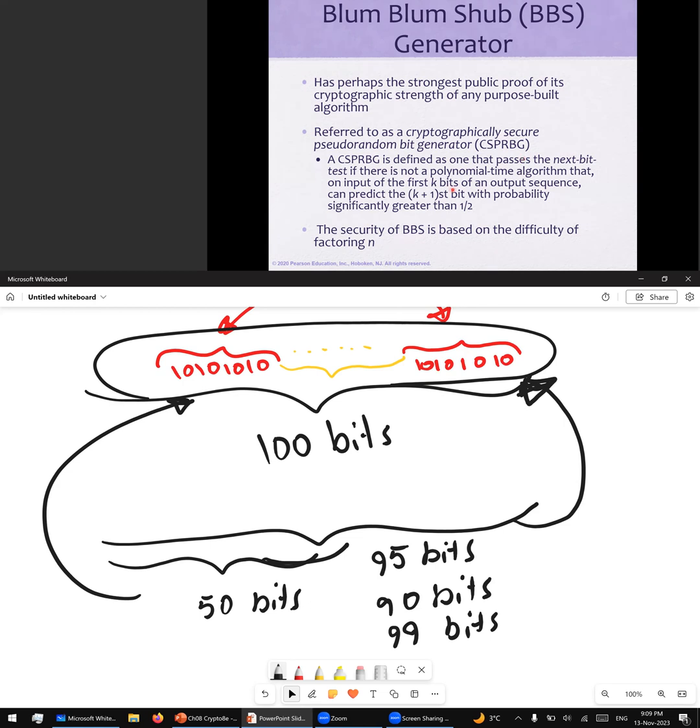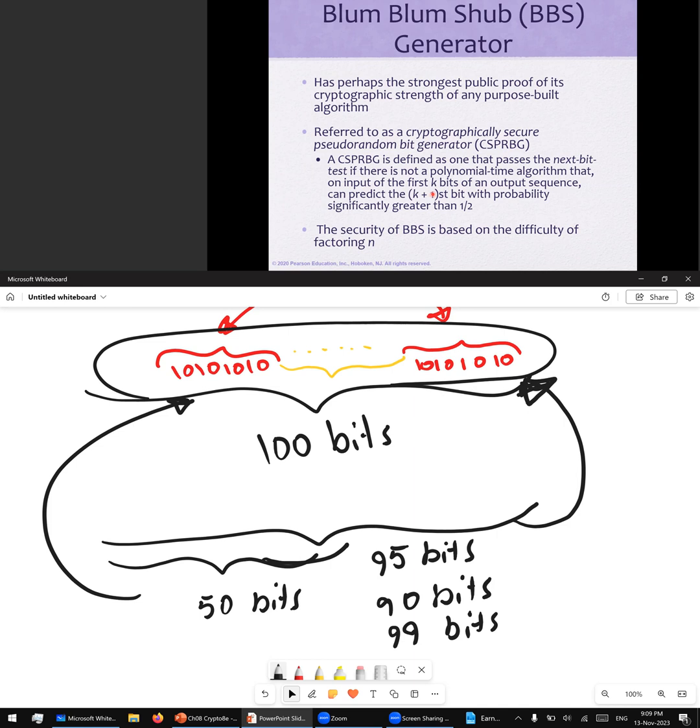Now, what that means is that if k bits of your output sequence are already generated, there is no algorithm for this generator that will tell you what the next bit is going to be with a high probability, right?